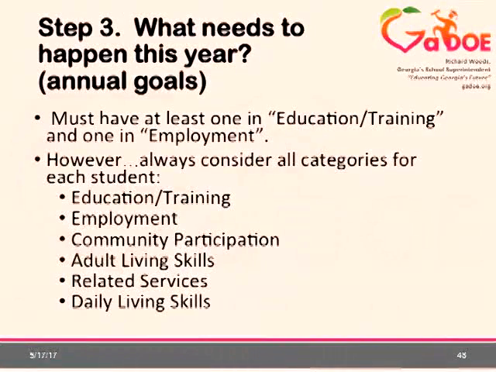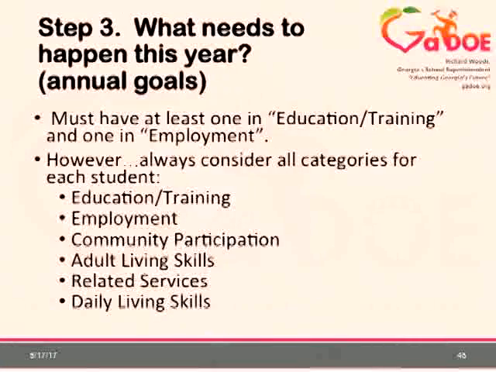Okay, so here are some things that you need to know when we take a look at step 3. You must have at least one annual goal under the categories of employment and education and training. Those are required, okay? However, on a transition plan, you have all of these other categories that you can create goals for.